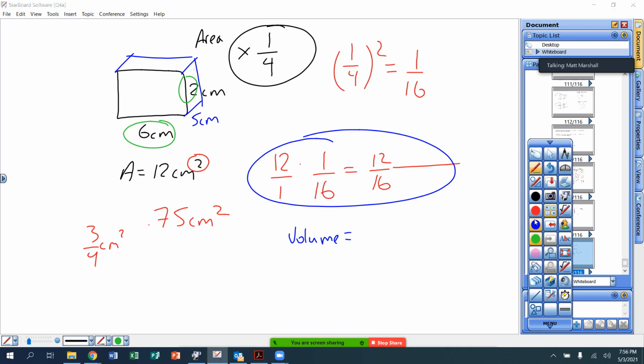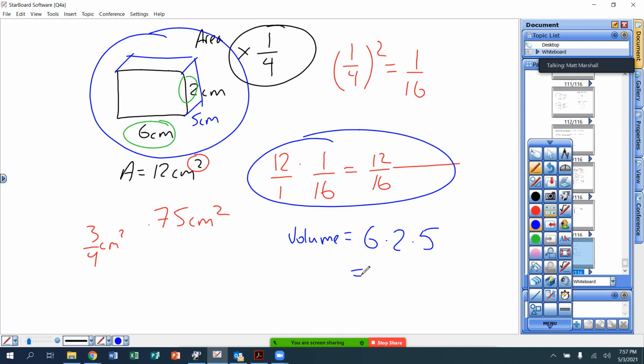So for volume, since I made this 3-dimensional, it would be that 6 times that 2 like you did for area, but then you'd have to times that little 5 I put in there to make it 3-dimensional. So that would give me 6 times 2 times 5.